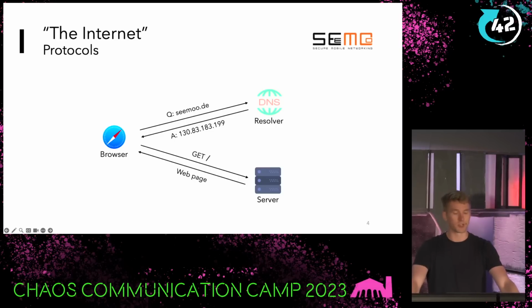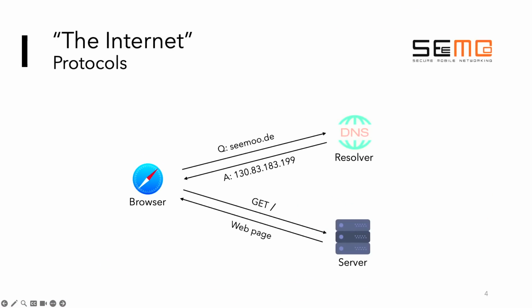And the DNS resolver responds with the corresponding IP address. Then the browser establishes a connection to that IP address, so to the web server, and then performs an HTTP request, to which the web server just responds with the web page's contents.